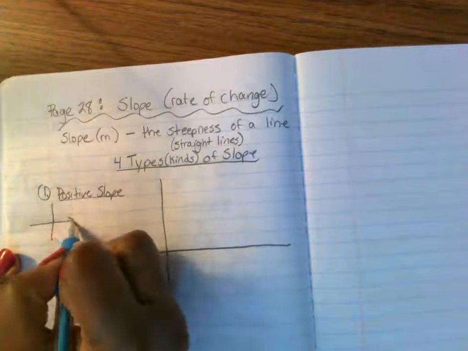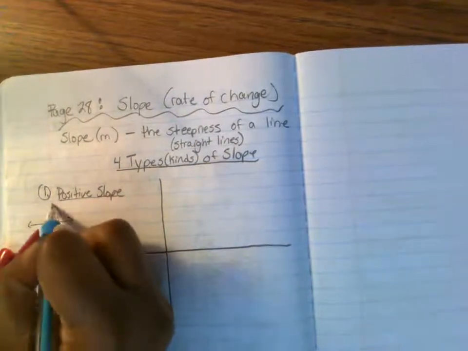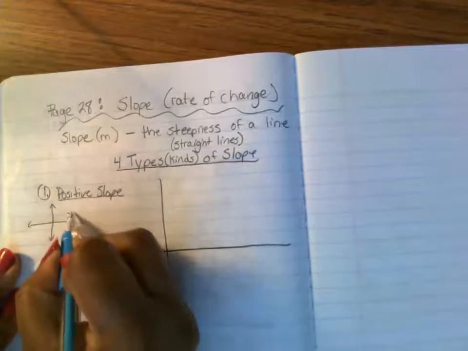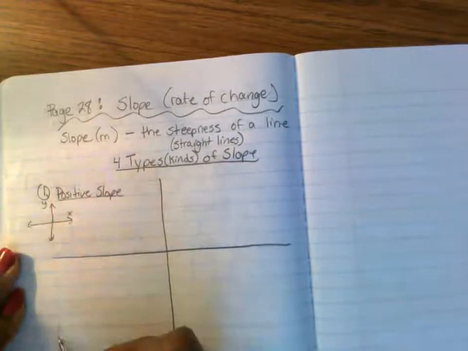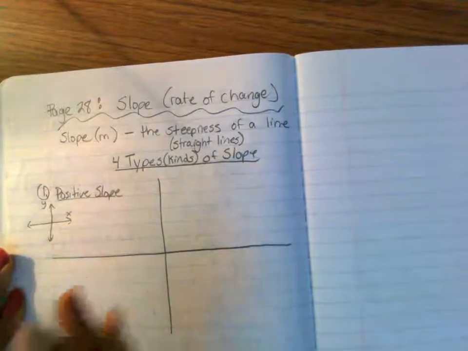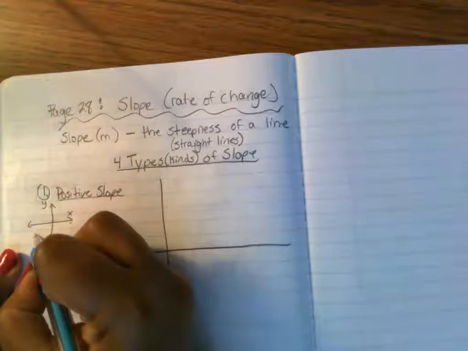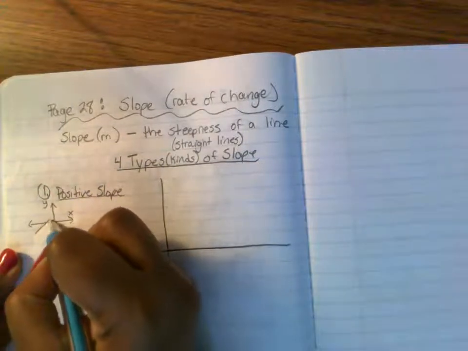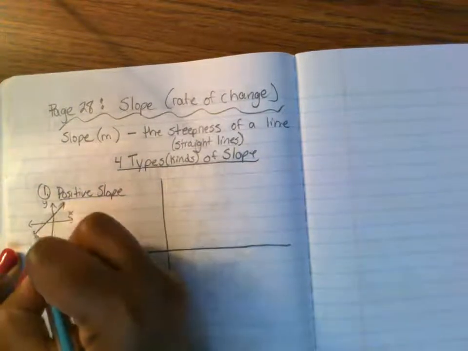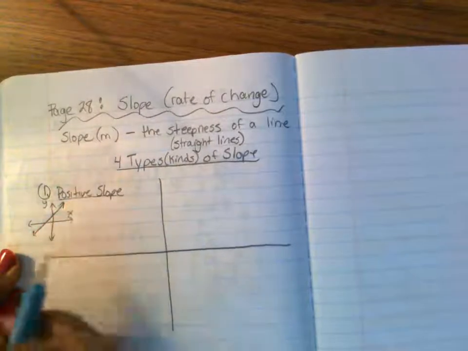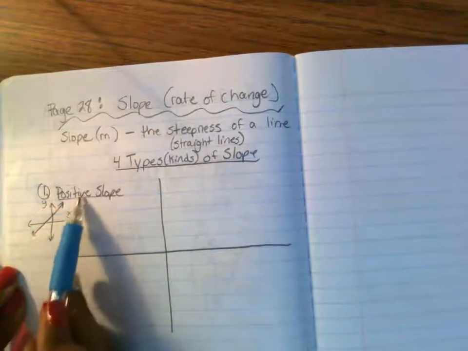When you draw your coordinate plane, where this is your x-axis and this is your y-axis, the line that has a positive slope is a line that increases from left to right.